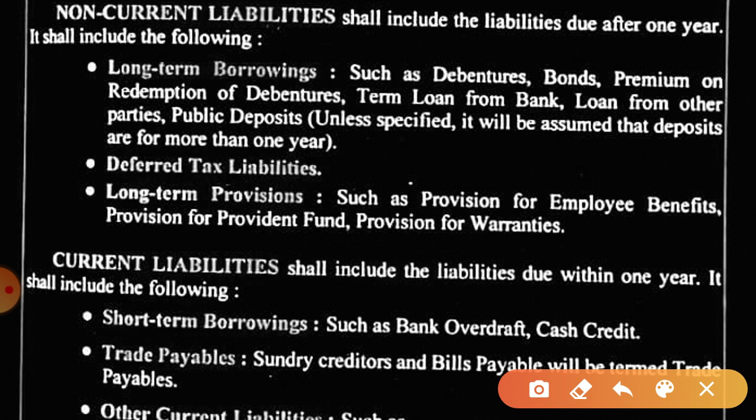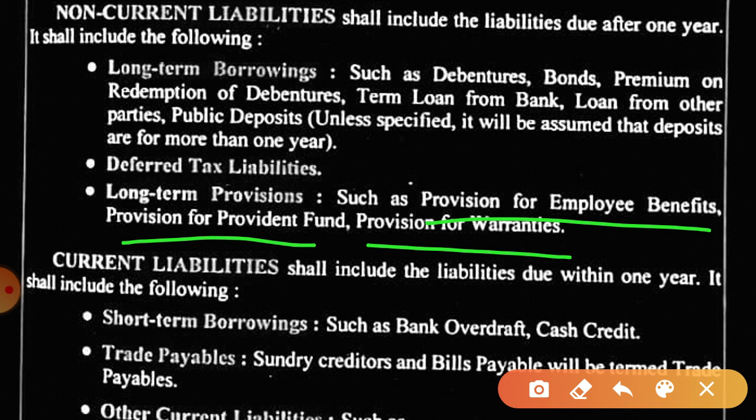Other long term liabilities are not explained here, but I just told you. Then long term provisions, what are they? Provision for employee benefits, provision for provident fund, provisions for warranties. So these are the items covered under long term provisions.